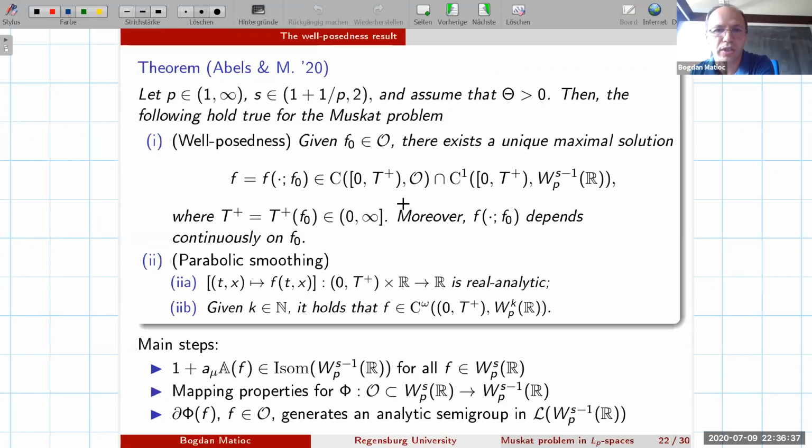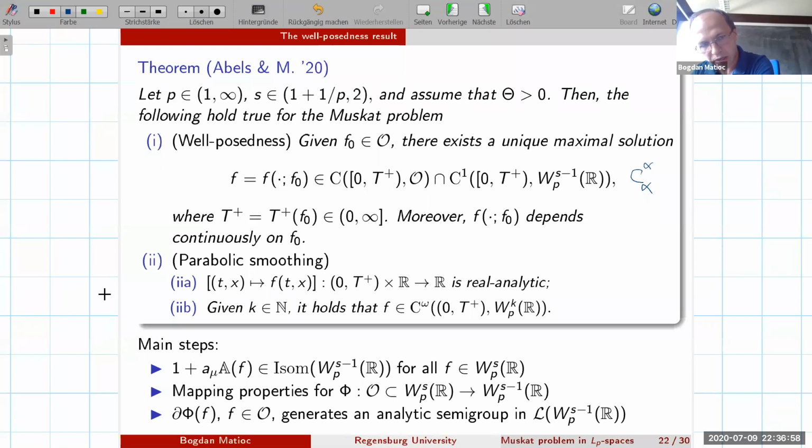This is a strict solution. Of course, this solution belongs to some singular Hölder space into E1, but uniqueness holds within the set of classical solutions. And the solution also depends continuously on the initial data.